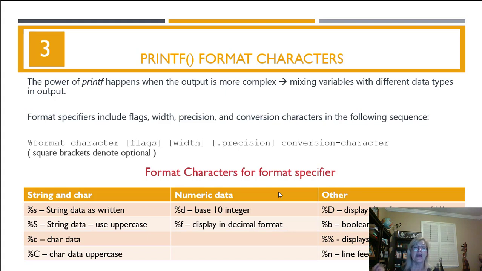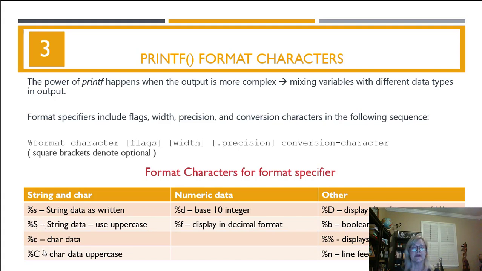Now, printf helps as your output gets fancier and more complex, when you're mixing strings and numbers in your output, which is actually pretty common. Your format specifier is going to have a % sign, followed by the format character. And these are the format characters here. If you need a string, use lowercase s, or if you want it all uppercase, put a capital S here.